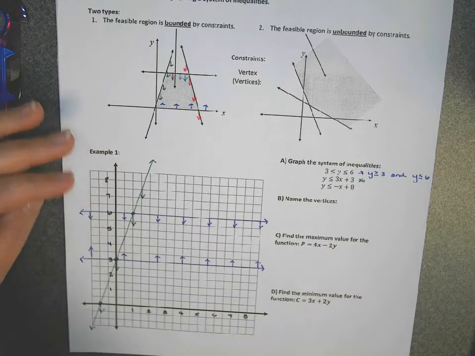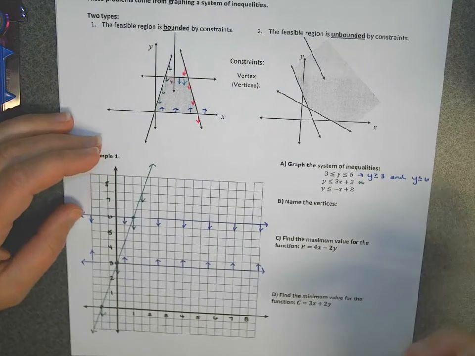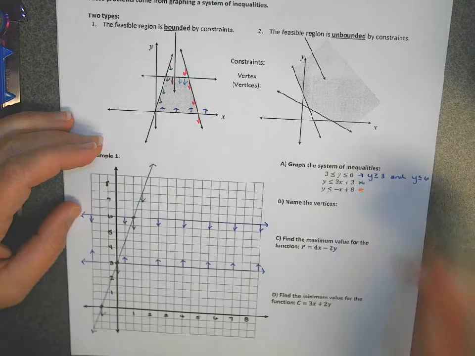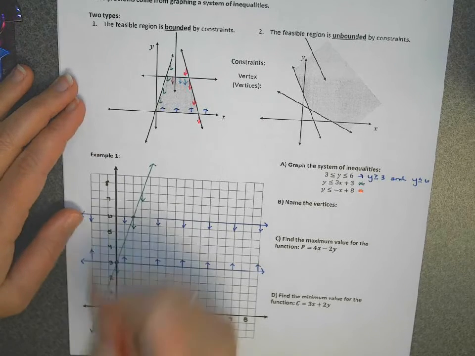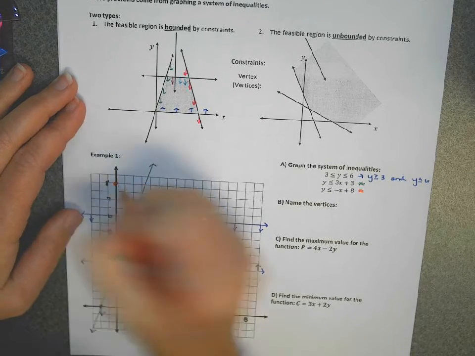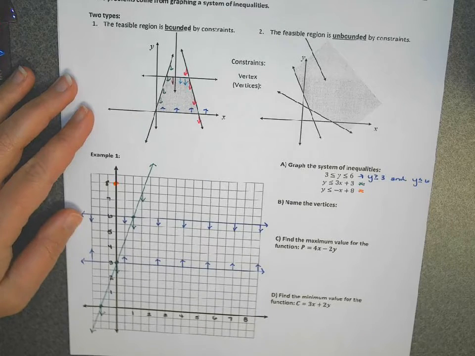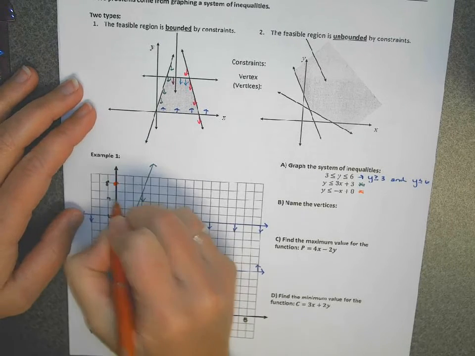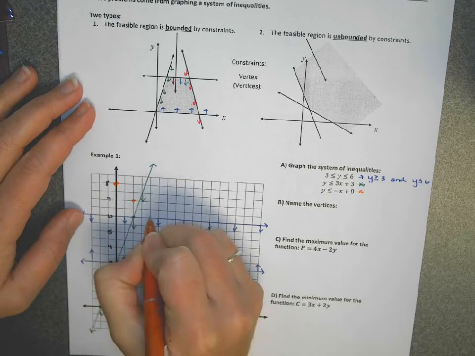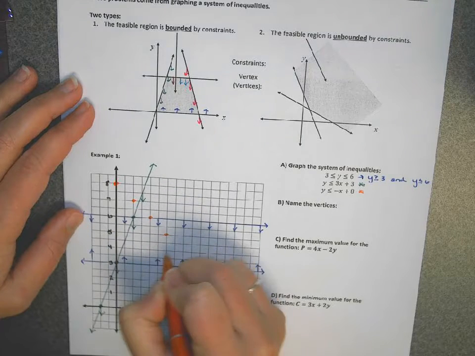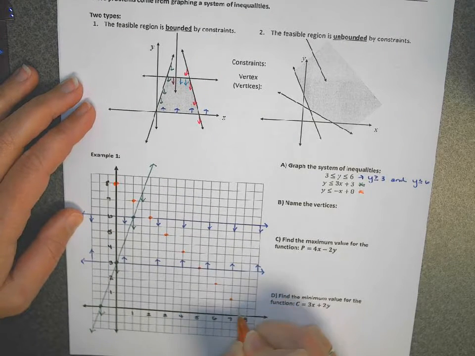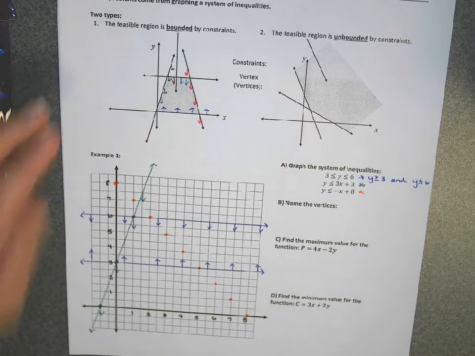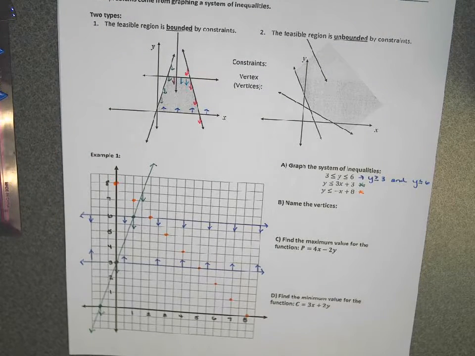I have one more to still graph. y is less than or equal to negative x plus 8, so 0, 8. And negative x, negative 1 is my slope, so down 1, right 1. I'm going to make sure I put enough points on until I run out of room. I'm going to fill up my entire graph that's provided.